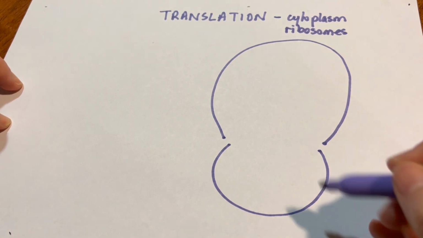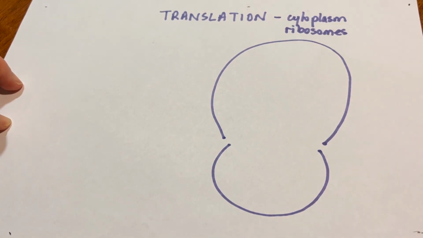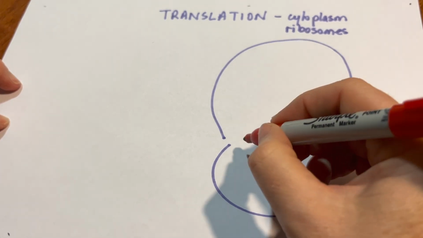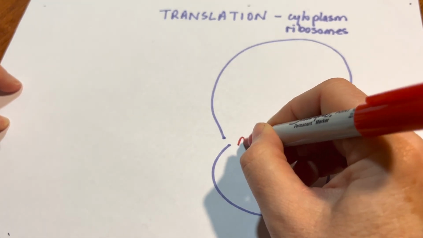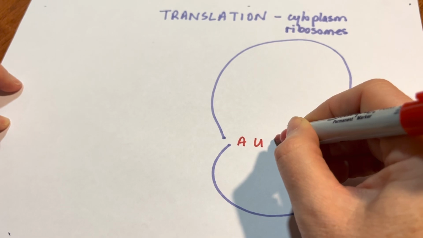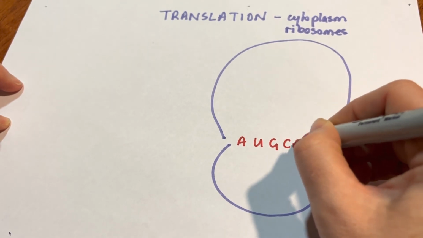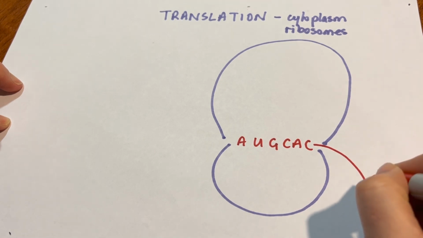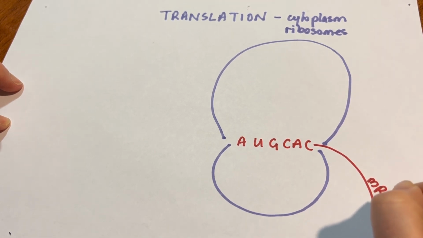And the mRNA is going to squeeze itself out through the nuclear pores, and it's going to line up with its bases at the boundary of the two subunits in the ribosome.